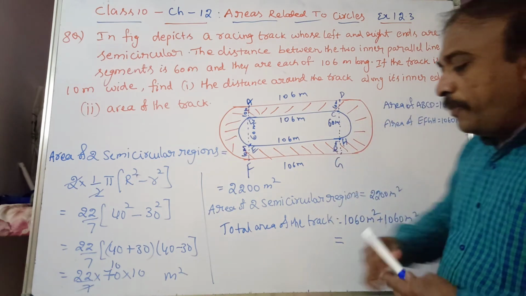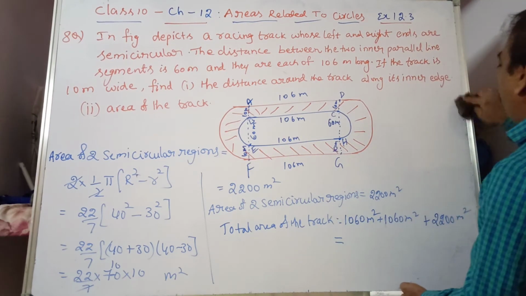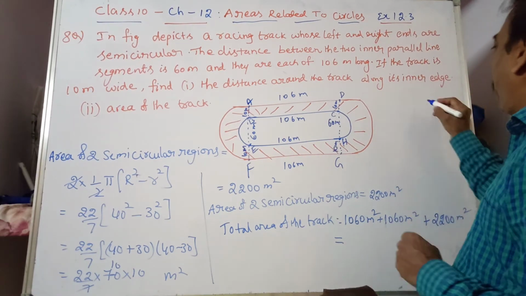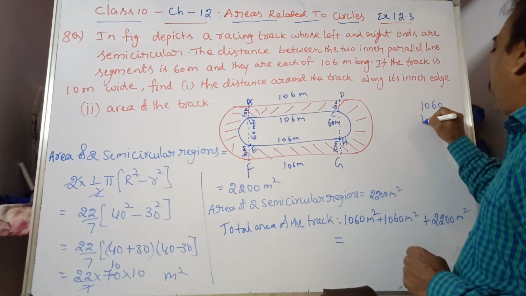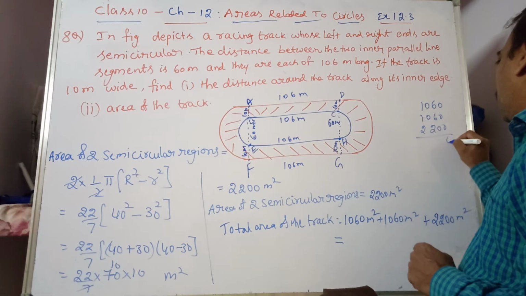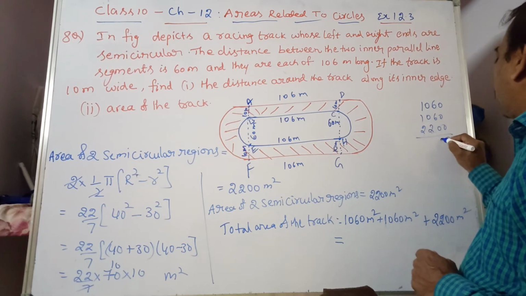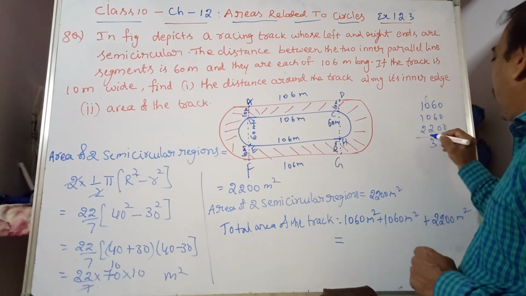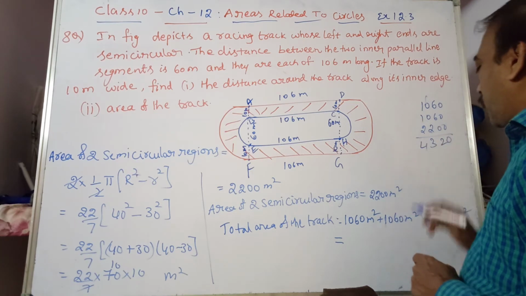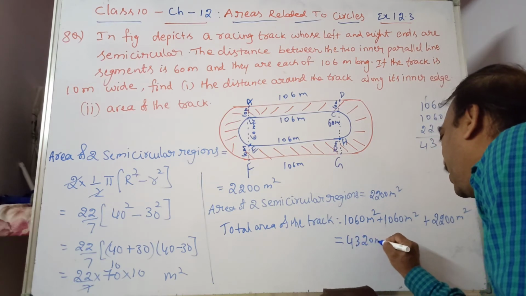So here, now we will add these: 1060 plus 1060 plus 2200, all together gives you 6 plus 6 is 12, this is 3 and 2 plus 1 is 3, so 4320 meter square.